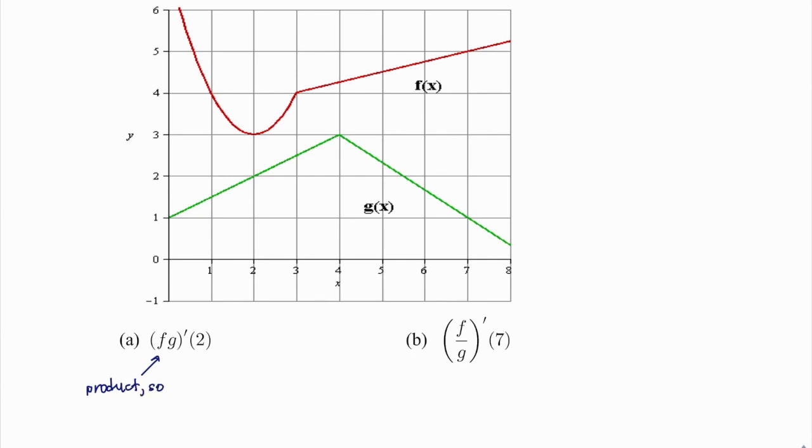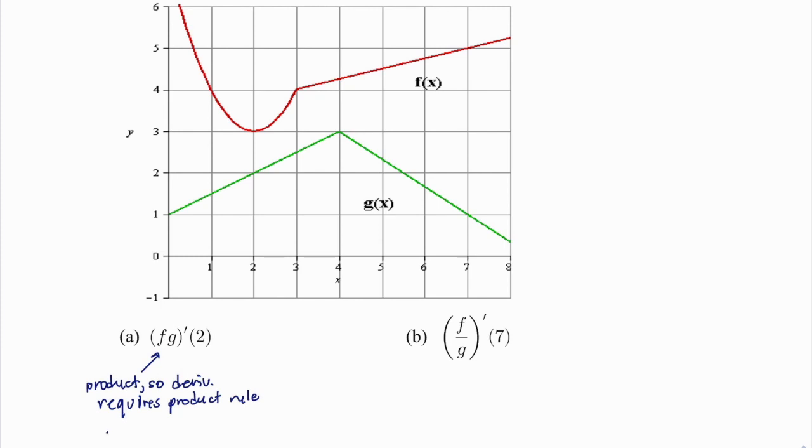So the derivative involves the product rule. And the product rule says I want the first function times the derivative of the second function plus the second function times the derivative of the first.